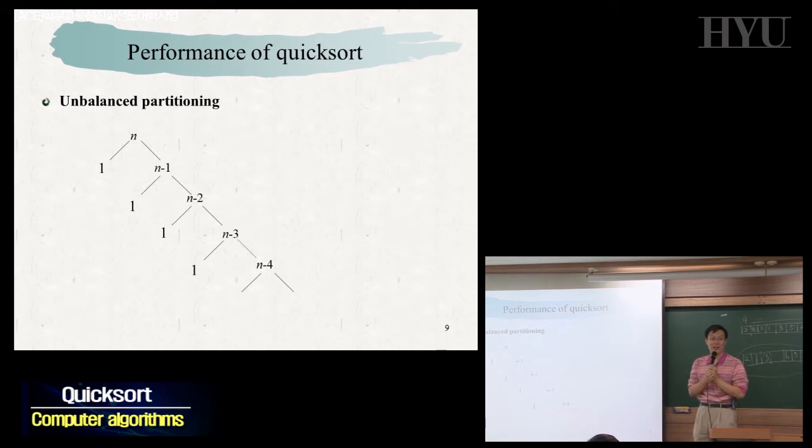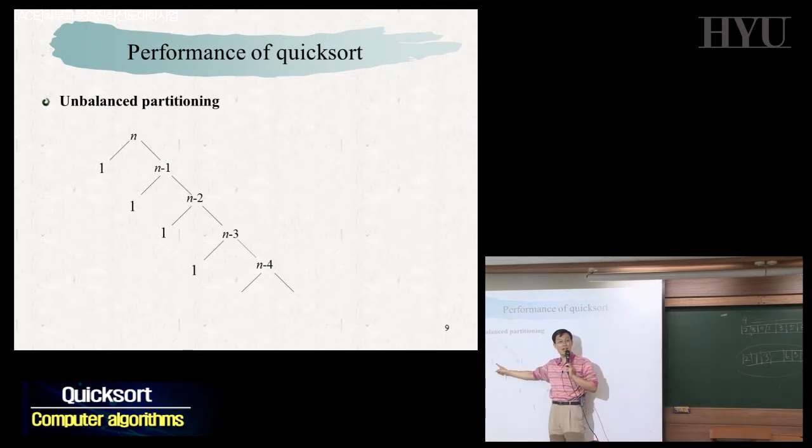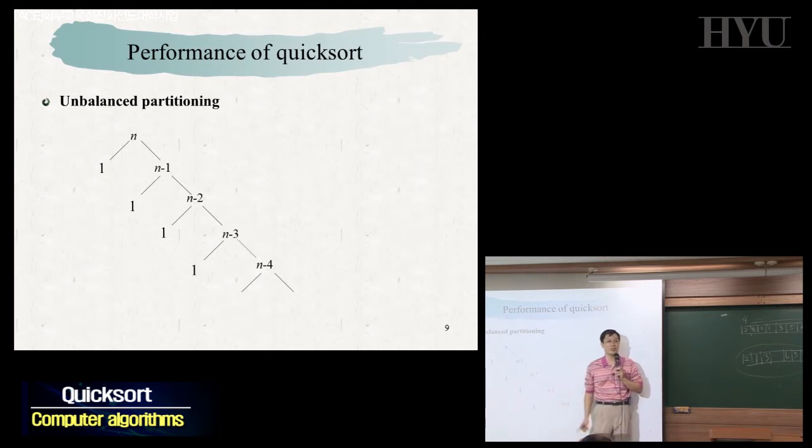Selection sort, right. So in this case, quicksort is exactly the same as selection sort. Take the smallest element and the second smallest element and third smallest element.